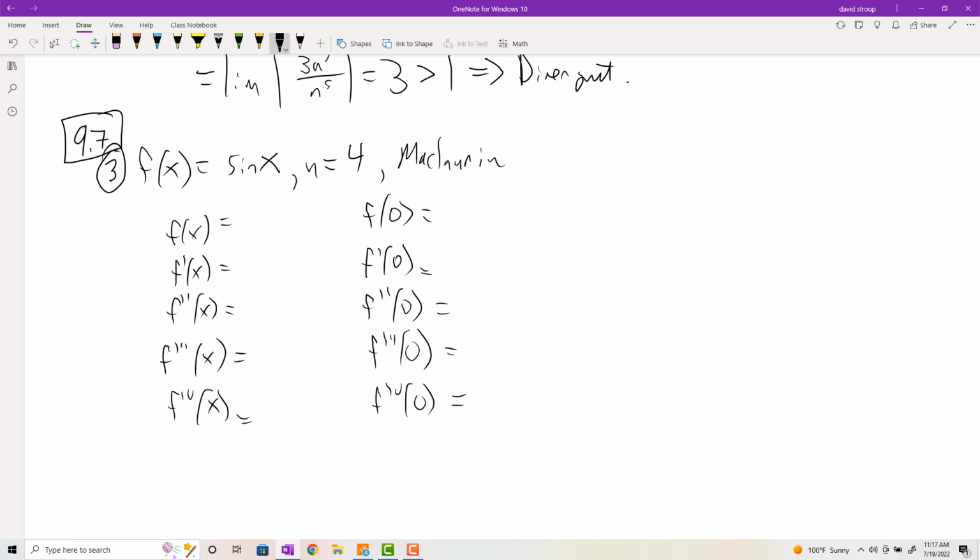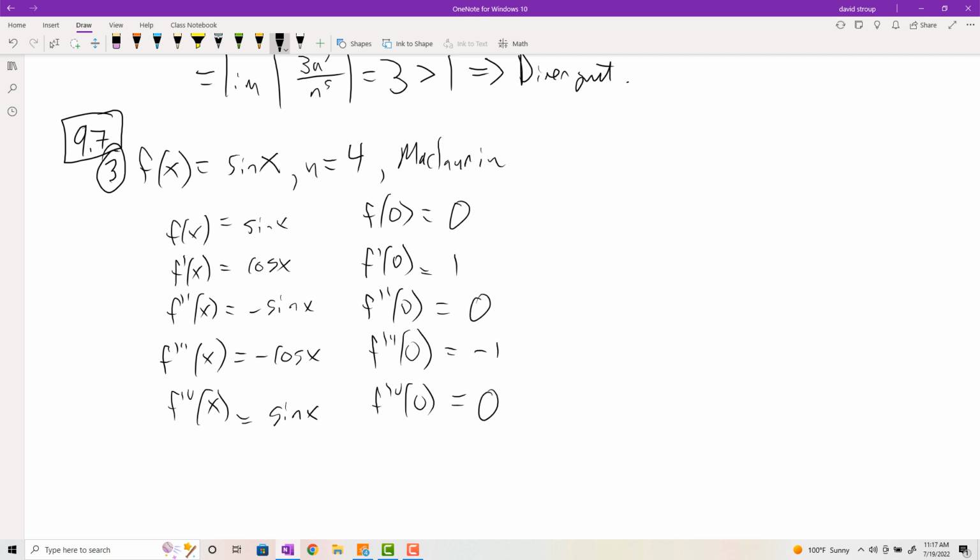Okay, so here I go. I got sine, then cosine, then negative sine, then negative cosine, then back to sine. Evaluating, I'll have 0, 1, 0, negative 1, 0.